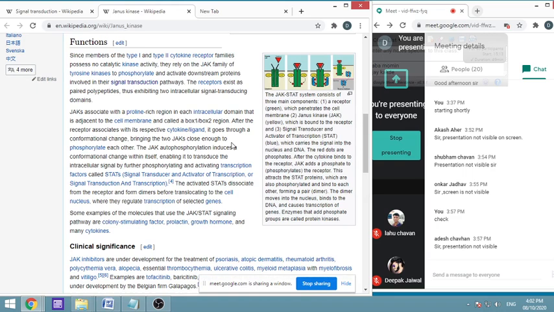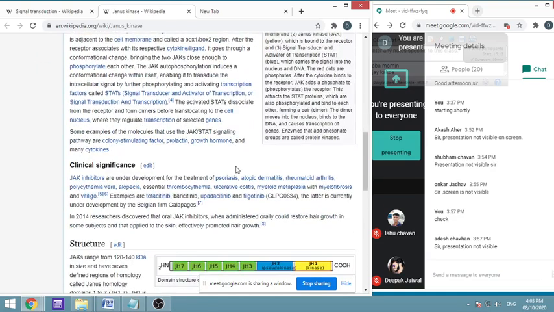These Janus kinases cause activation of the next, called STATs, signal transducer activator of transcription. And this activated STAT will dissociate from the receptors, and then cause regulation of gene transcription.